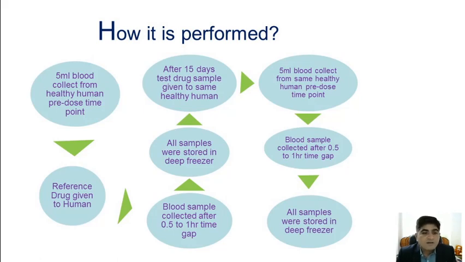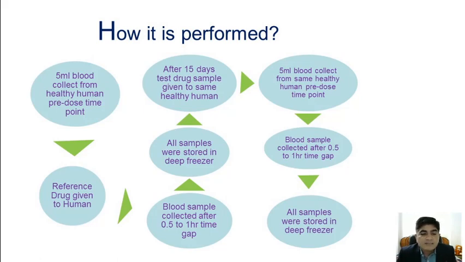A number of healthy humans are invited for this study, and the first sample will be collected as a pre-dose sample. Why is it a pre-dose sample? Because we have not given any dose, that's why it's called pre-dose.